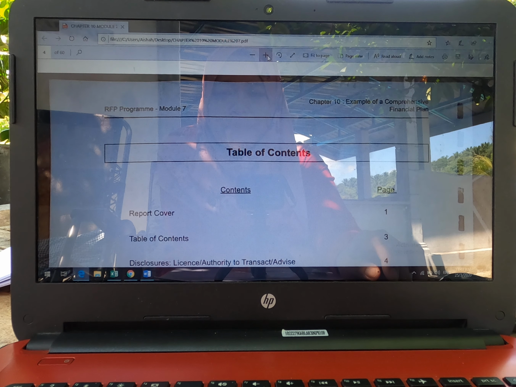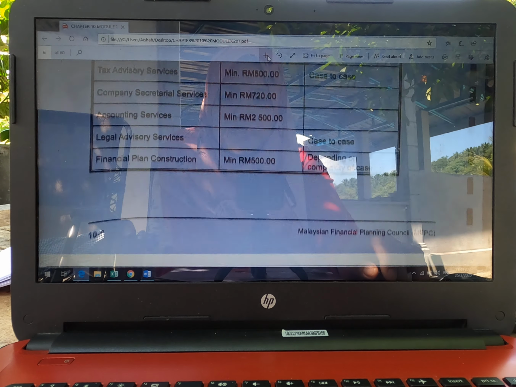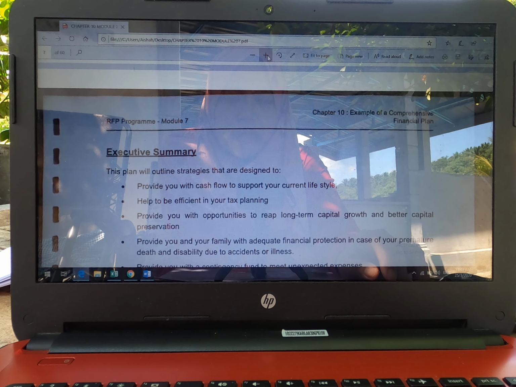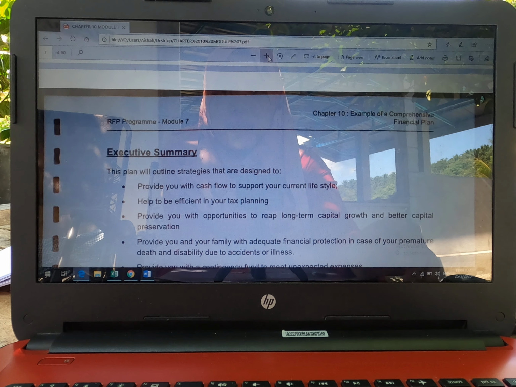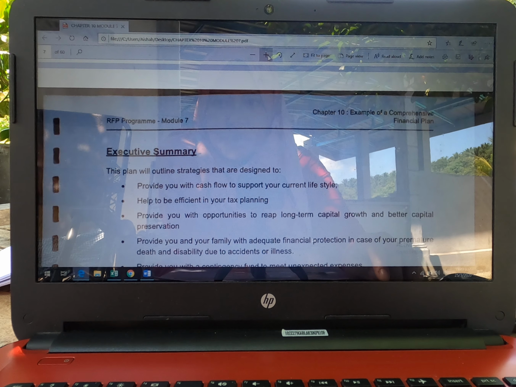That is number one. Number two, at this point of time you have already completed your fact-finding sheet. Next is to prepare the executive summary. You can see the example of the executive summary provided in this document.